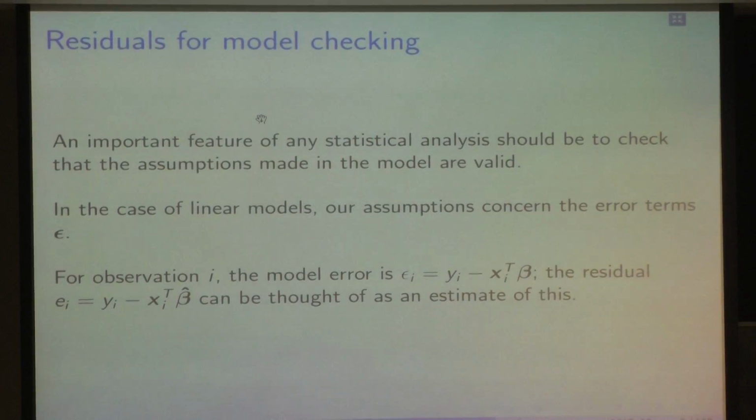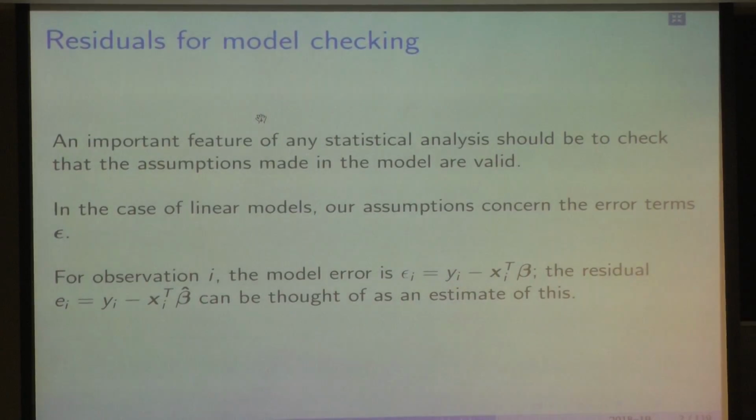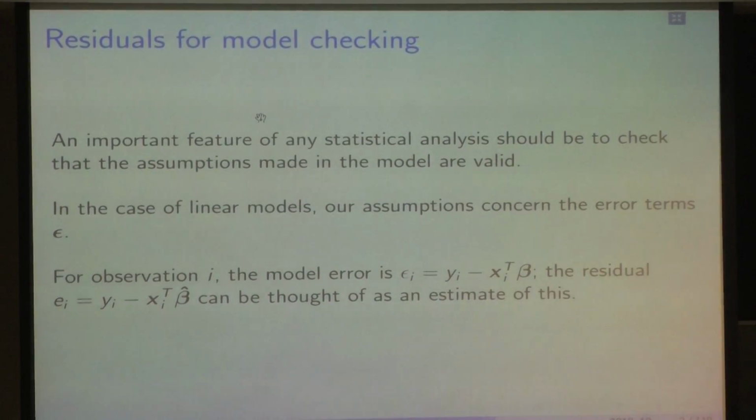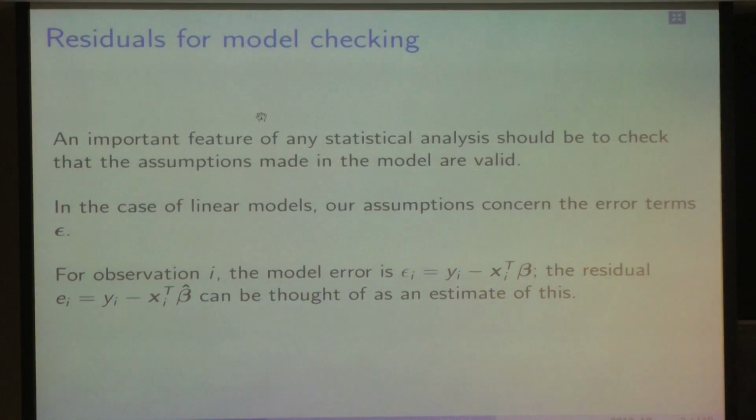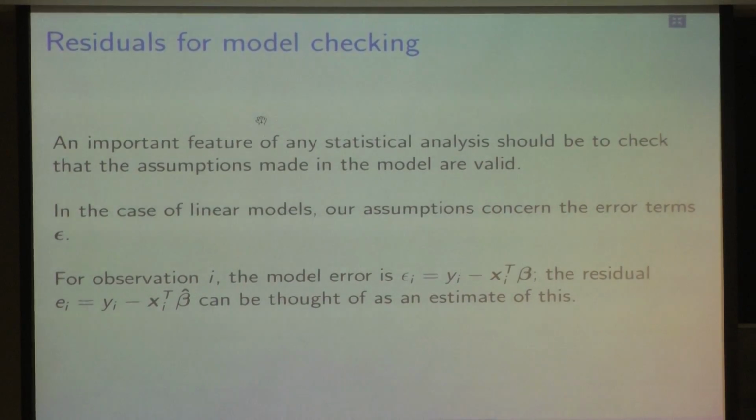We don't have the actual epsilons. We don't know what beta really is. It's what we're trying to estimate. So we don't know the epsilons. Our e's are estimates of them. So we can use the residuals to start thinking about how we can check whether the assumptions might be valid.